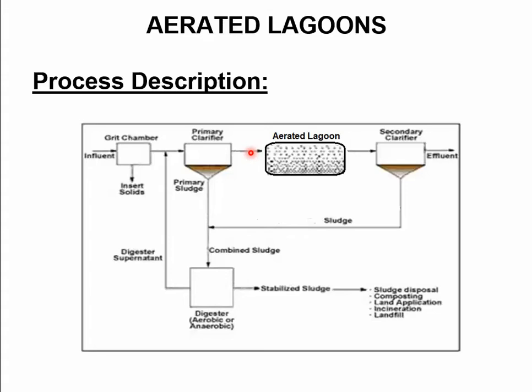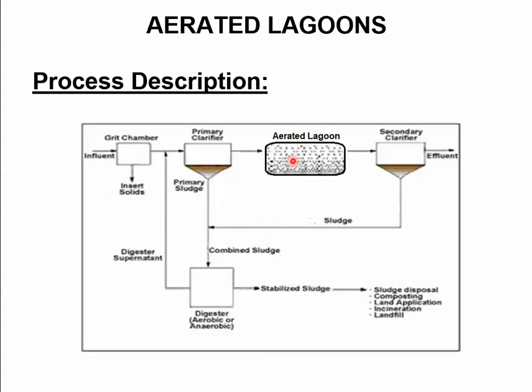Whereas in aerated lagoon, there is no recirculation of sludge. So it means that the concentration of bacteria or microorganisms in aerated lagoon would be less as compared to the activated sludge process. So if bacteria are less, it means more time would be required to achieve the same removal of organic matter.